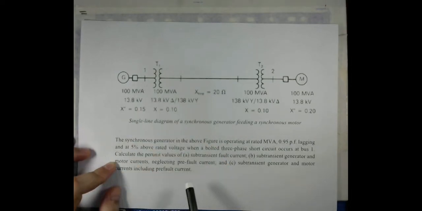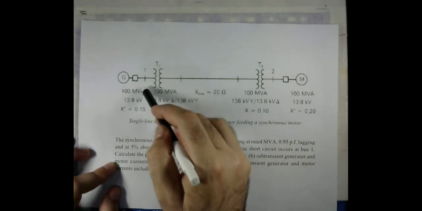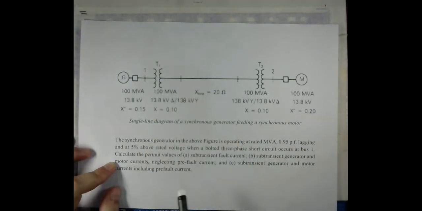When it is operating, let's say a bolted three-phase short circuit occurs at bus 1. As I mentioned before, in a bolted type fault the impedance of the fault is assumed to be 0, so it means it is directly connected to the ground. Calculate the pre-fault values of the sub-transient fault current.